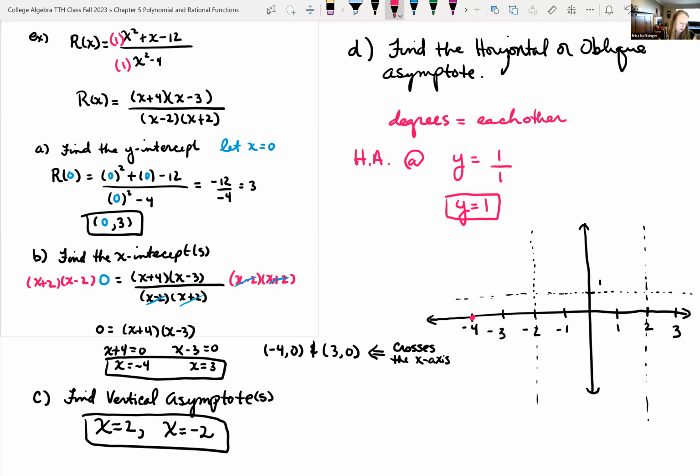Right? No, x equals -4 and x equals 3. If it was -2, that's a vertical asymptote, so it wouldn't exist. But we're okay. And then we had a y-intercept at (0, 3).